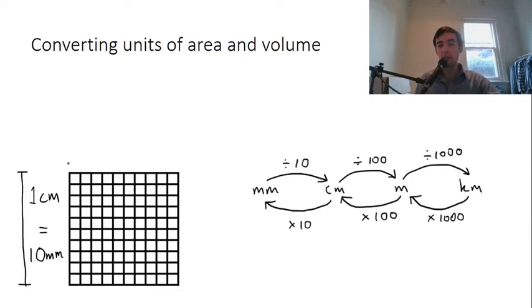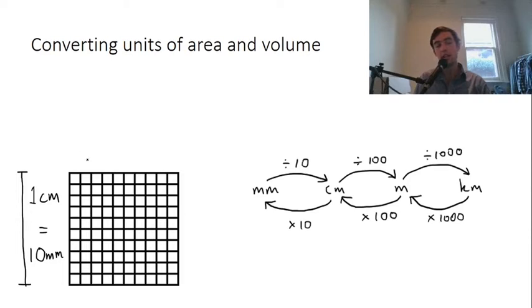Because when we're thinking about area, we're thinking about how many squares fit into a shape. So let's say here's a centimeter and here's another centimeter. So this whole thing is called a centimeter squared. And let's say we need to find out how many millimeters squared are inside of this.